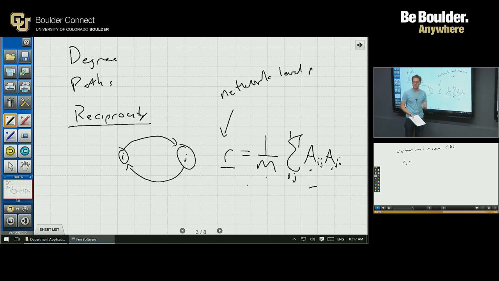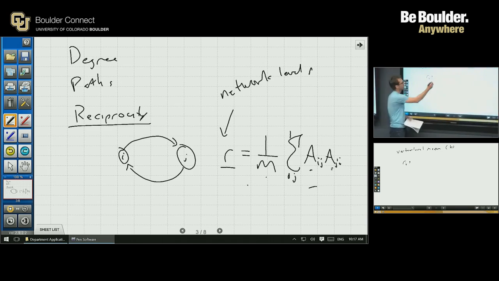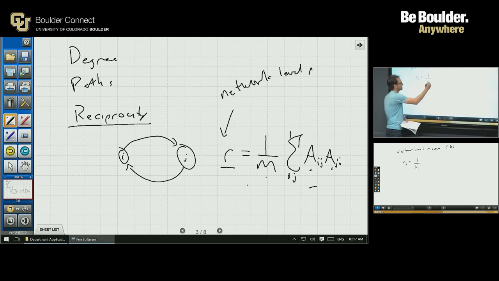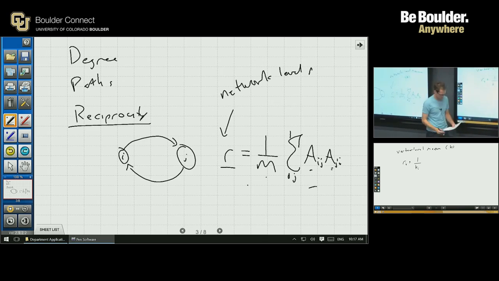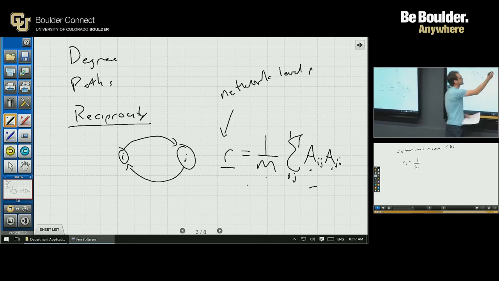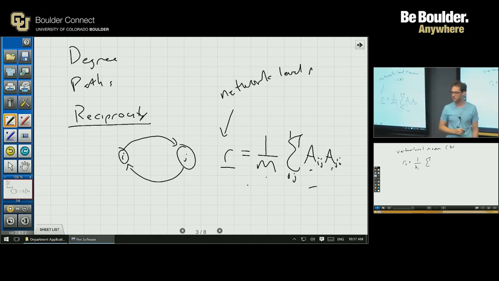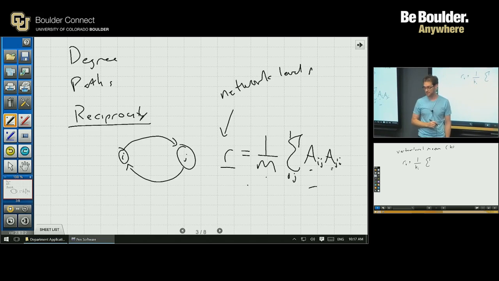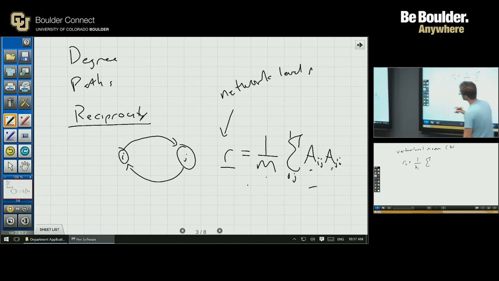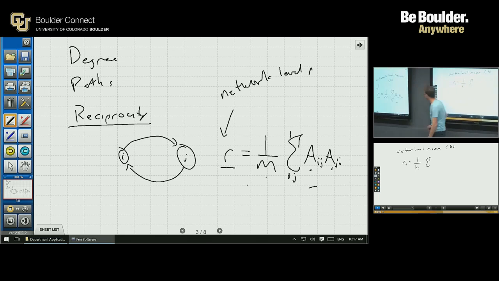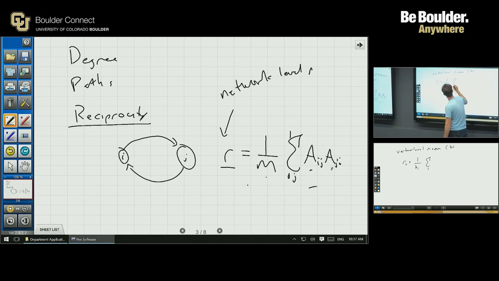So what's the largest number of reciprocated edges that a vertex i could have? So we want to divide by its degree, okay? And then we're going to sum over some stuff. What are we going to sum over? Its neighbors, okay? So instead of summing over all pairs, we just sum over things that are not i, so j. And we do the same thing.